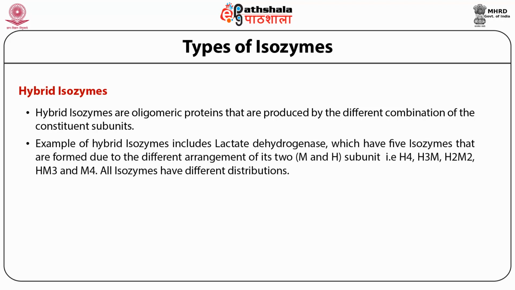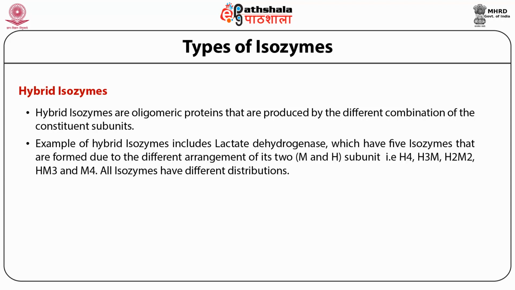An example of hybrid isozyme is well known. You have heard about lactate dehydrogenase. Lactate dehydrogenase has 5 isozymes. They are formed because of the different arrangement of its two subunits, M subunit and H subunit.